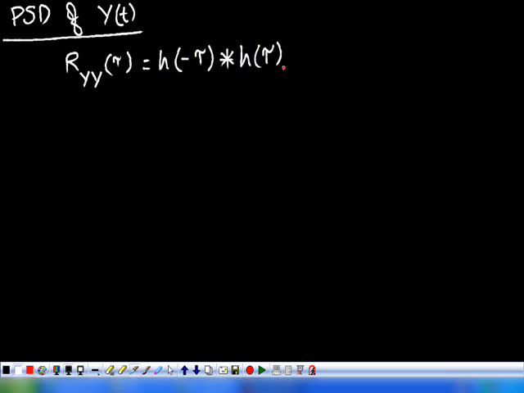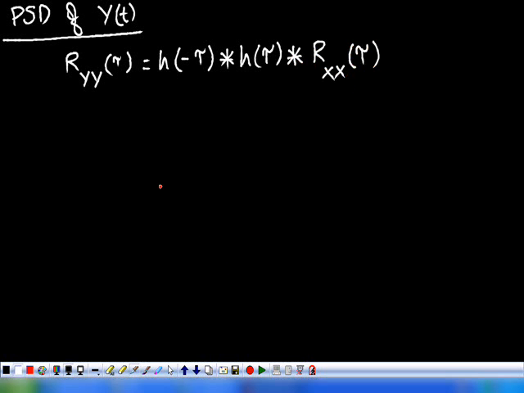See, convolution is commutative, so you can write either way. We have three laws of the convolution. Convolution is commutative, associative and distributive.